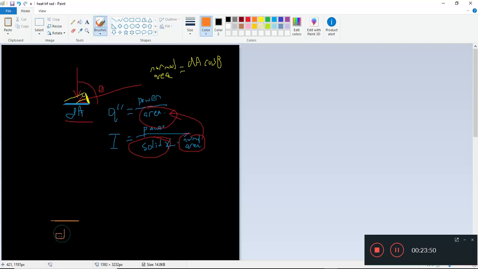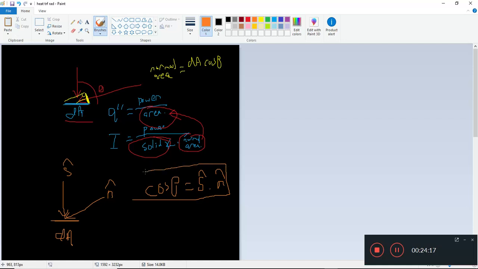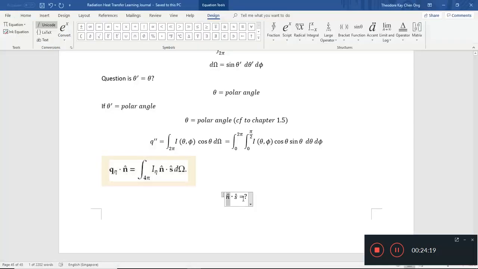Let's say this is dA again, and S hat can be here, depending on which direction. This is S hat, and remember, these are unit vectors, as is n hat. So cosine theta equals s hat dot n hat. Cosine theta is just s hat and n hat when you use the dot product.